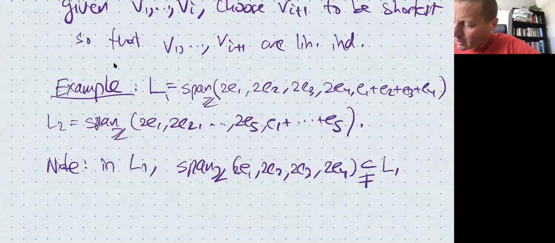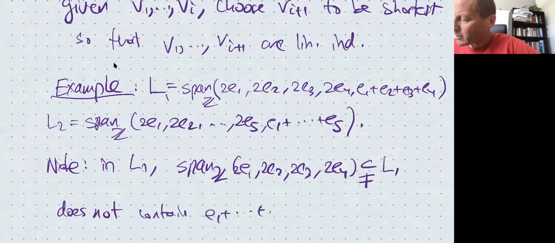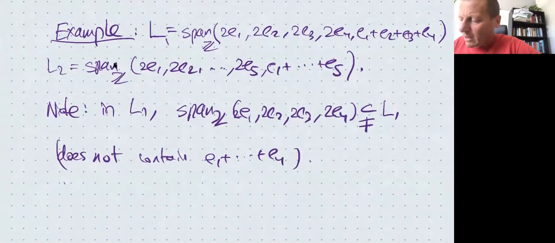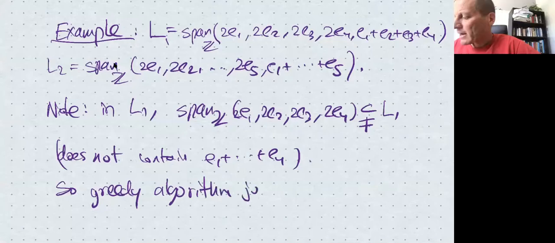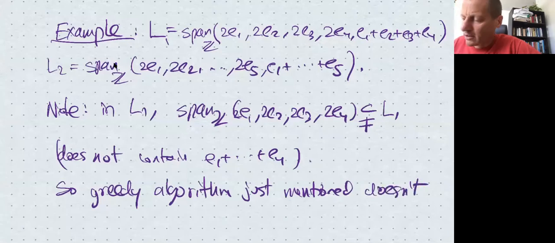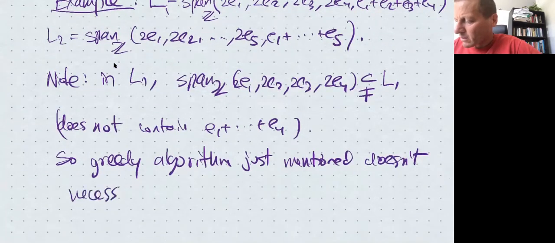L1 does not contain E1 plus E4. So the greedy algorithm just mentioned doesn't necessarily give a basis.